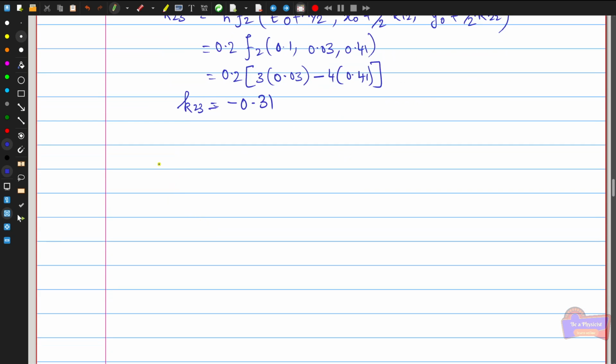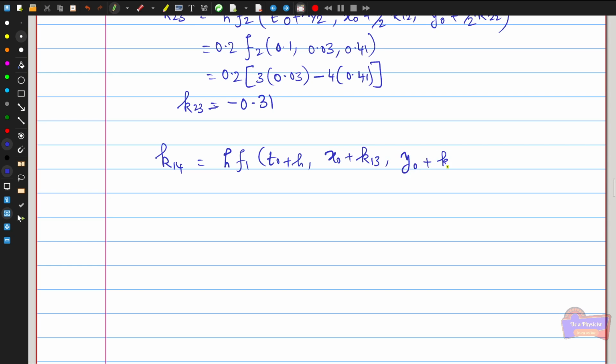Similarly, the final slope k14 can be calculated as h times function f1 of t0 plus h, comma, x0 plus k13, y0 plus k23. Okay, that is the formula.